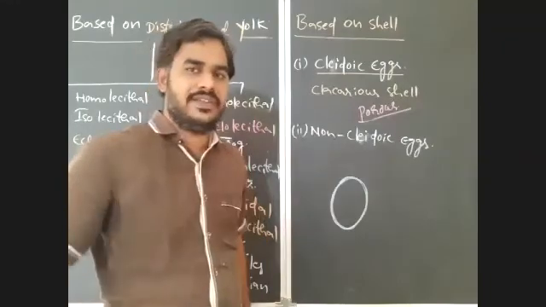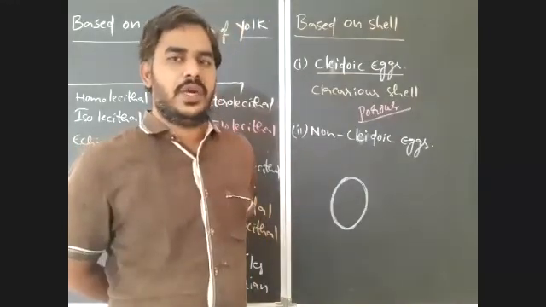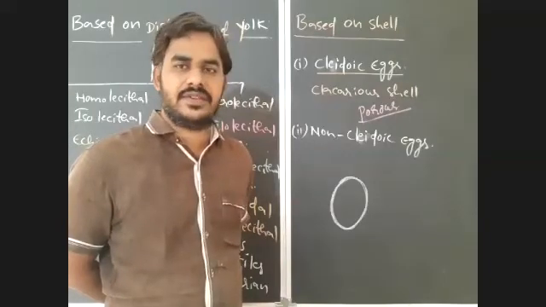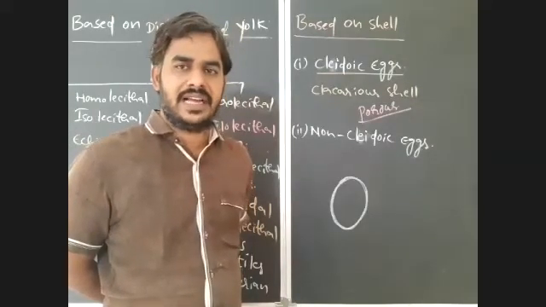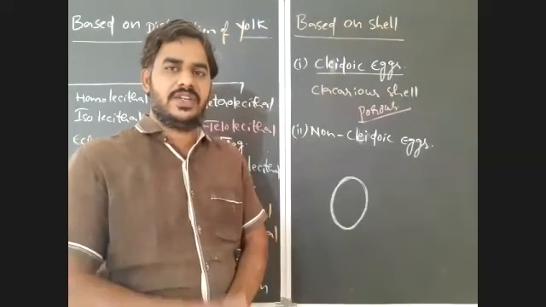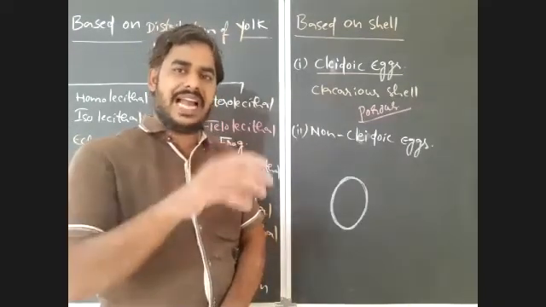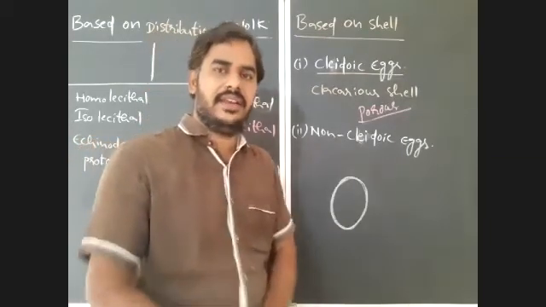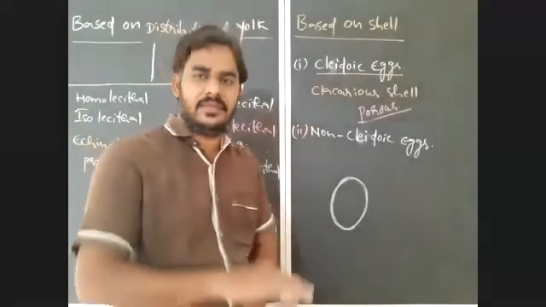For example, the first vertebrates that shifted from water to land were amphibians. Amphibians are vertebrates which successfully shifted from water to land, but again they went back to water.